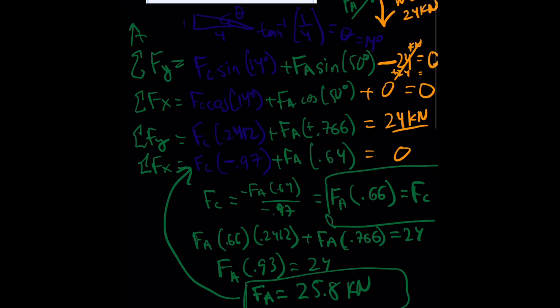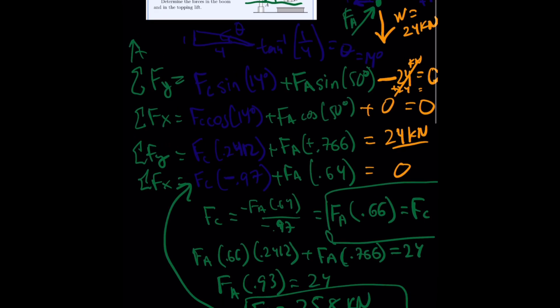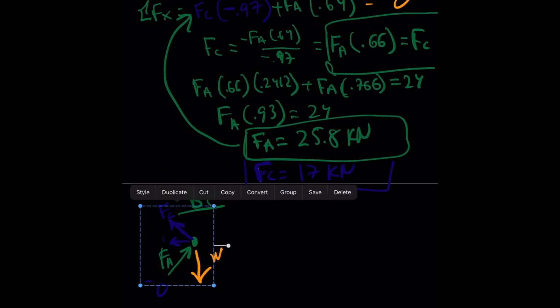Since both of our answers are positive, that means the directions we assumed in the beginning of our problem are correct. I'm going to move this down here, the free body diagram BC.